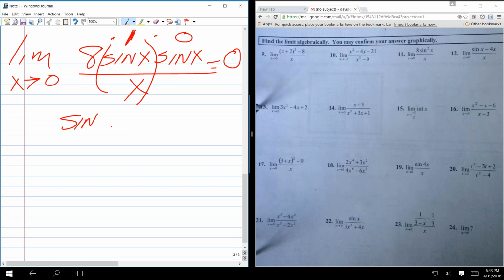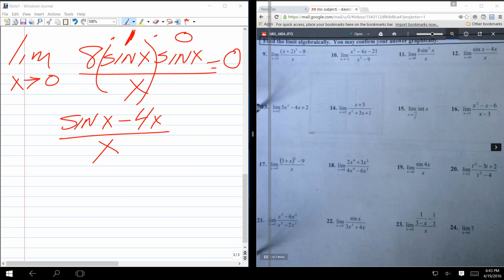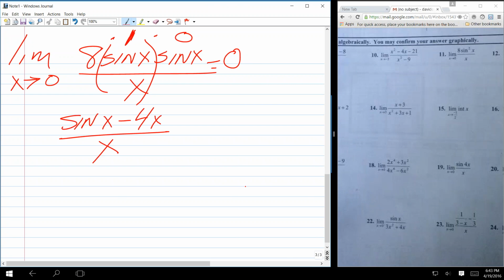Sine x minus 4x over x. How should we do this one? So sine x over x is 1, and then negative 4x over x is just negative 4.